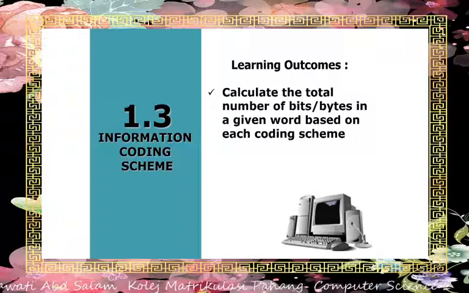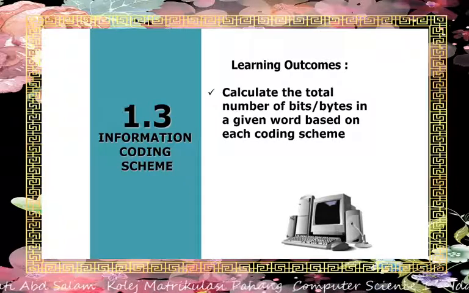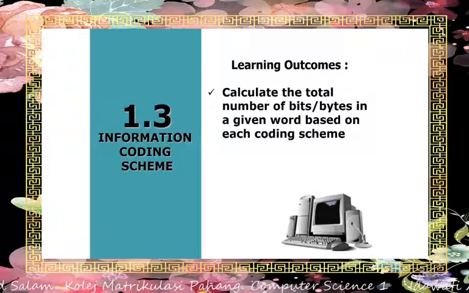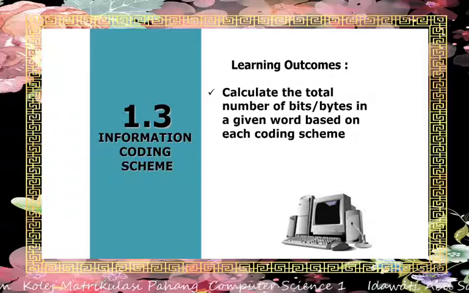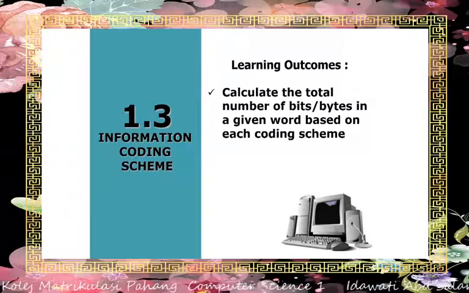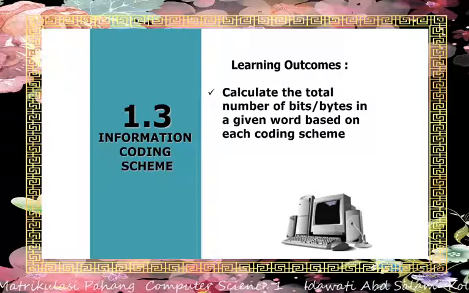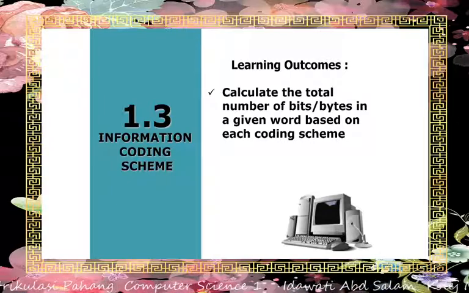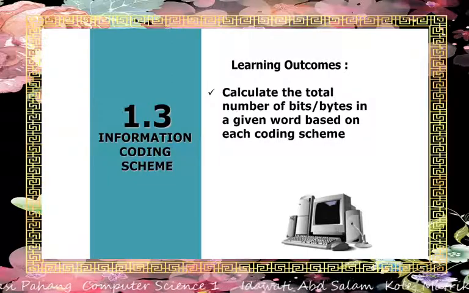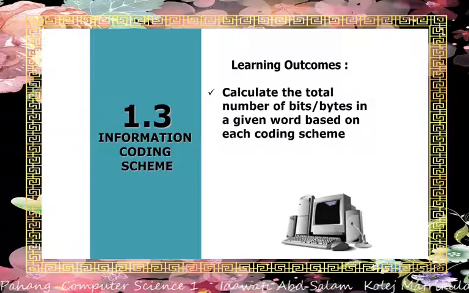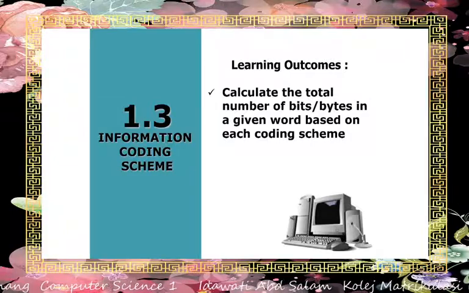So now we are going to continue our lesson in information coding scheme with the subtopic: calculate the total number of bits and bytes in a given word based on each coding scheme. Before this, you have learned three types of information coding scheme. Okay, let us recall first.